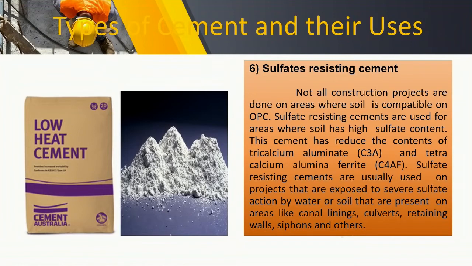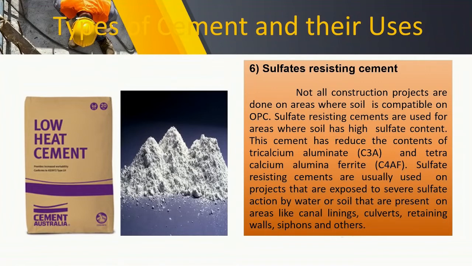So, number 6. Sulfates resisting cement. So, hindi lahat ng construction project ay compatible na gamitin yung OPC kasi yung ibang lupa is acidic o maalat dahil yung sulfate is salt. Diba? So, bakit nga ba nakakasira yung sulfate sa concrete?